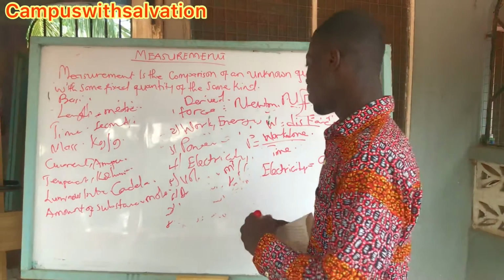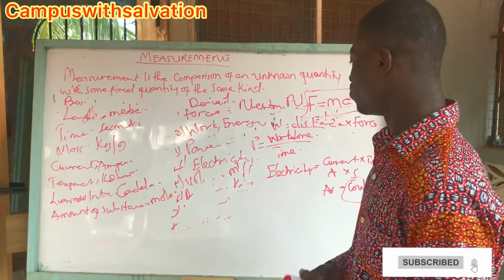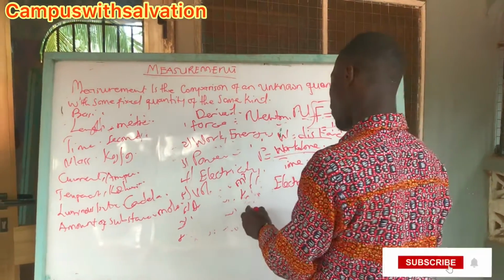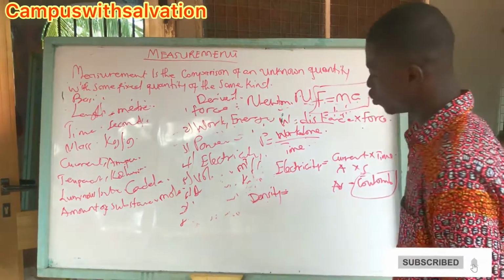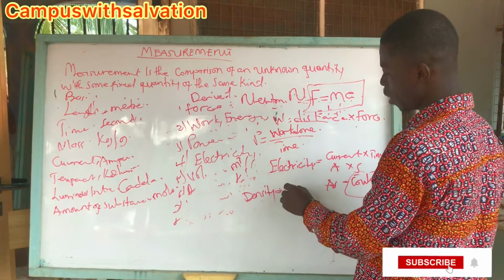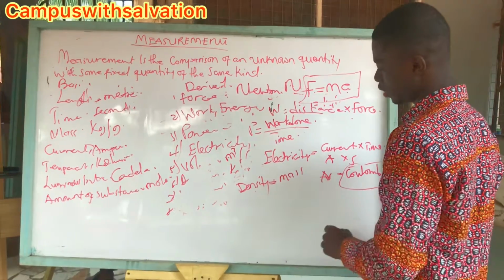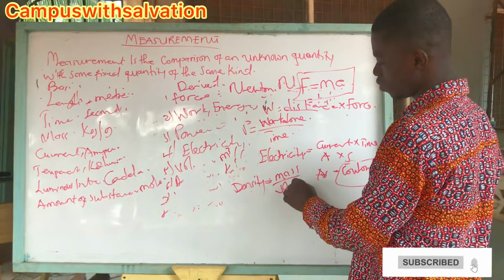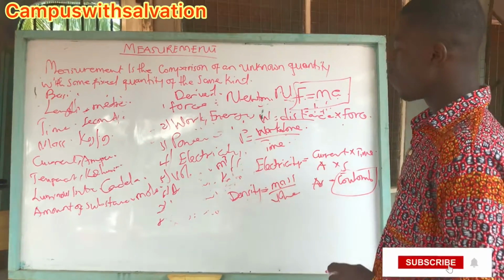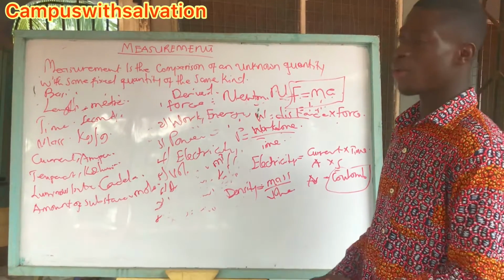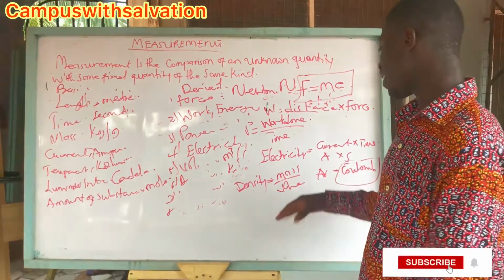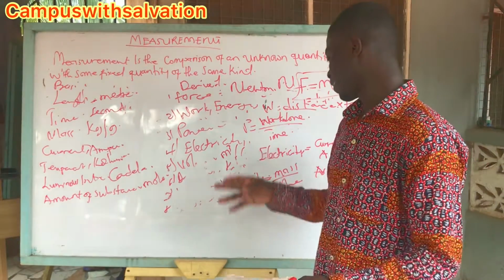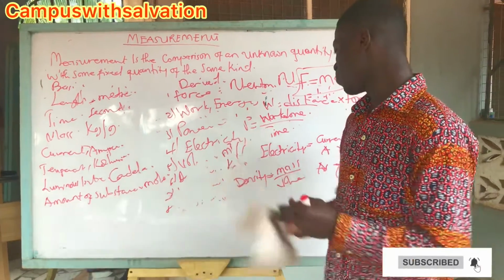So we have several of them. Volume, density. The formula for finding density is mass over volume. Before you calculate the density of an object, you need to get the mass of that object and its volume.